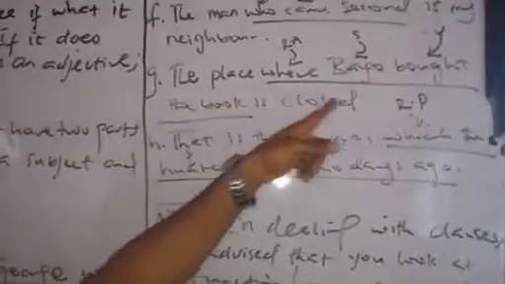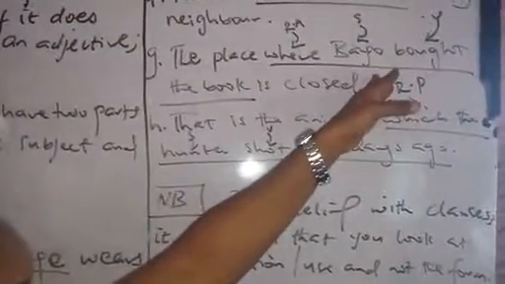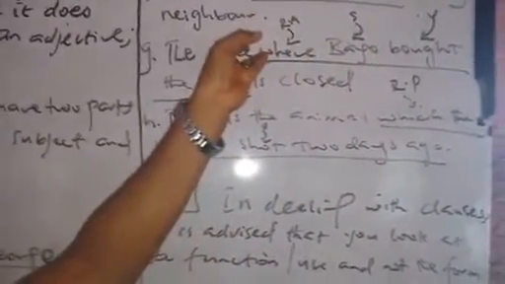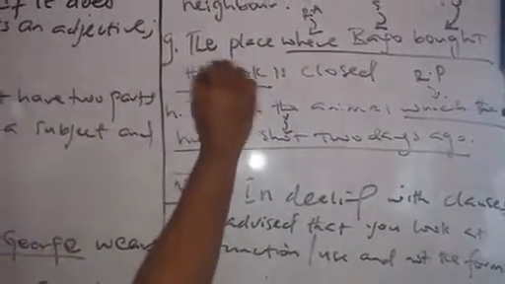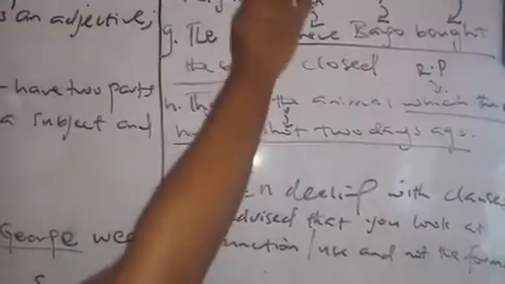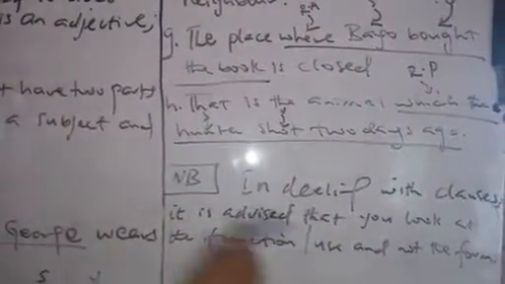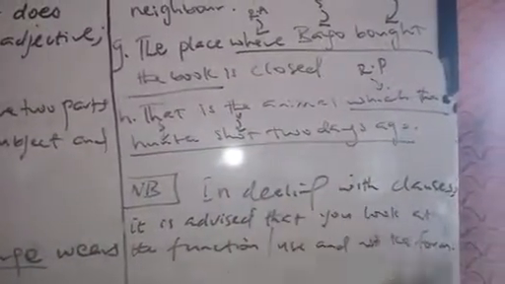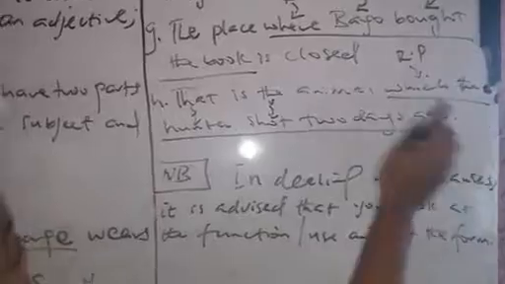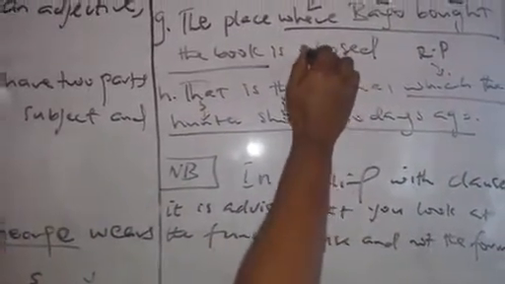All these underlined parts are modifying the place, the noun phrase. Let me add this point, quickly, to wrap up. That is the animal which the hunter shot 2 days ago. Which the hunter shot 2 days ago modifies the animal.